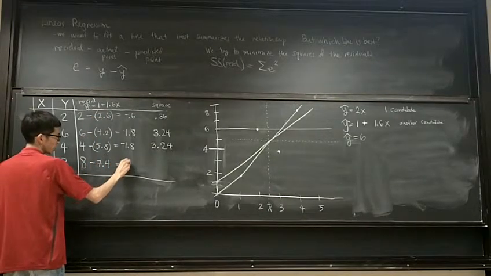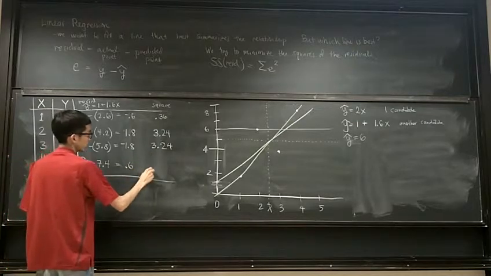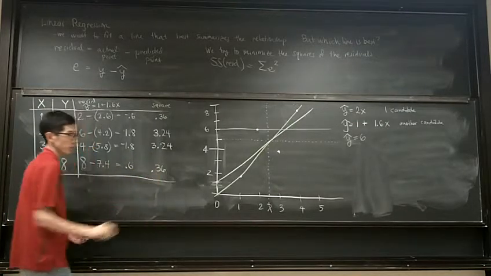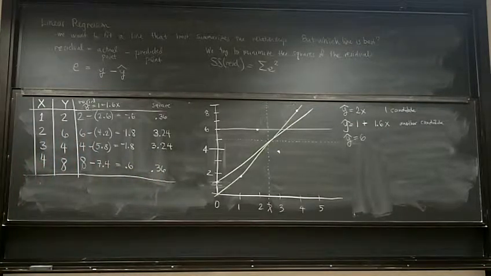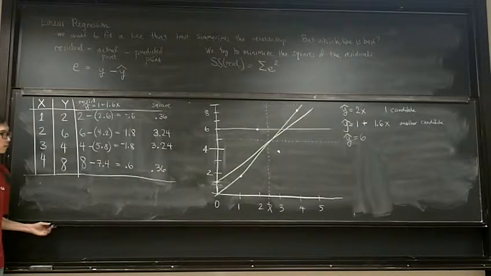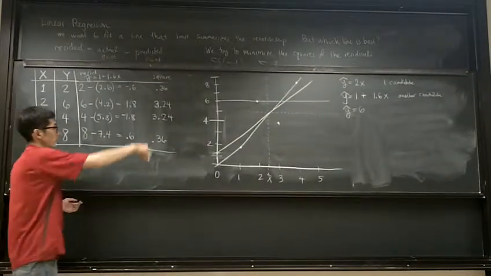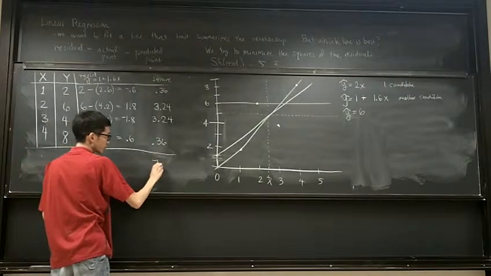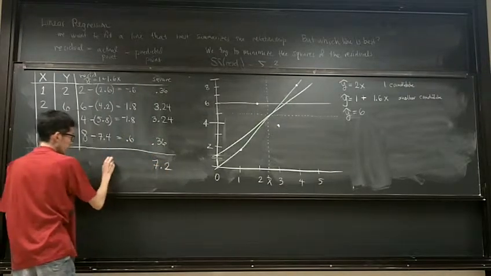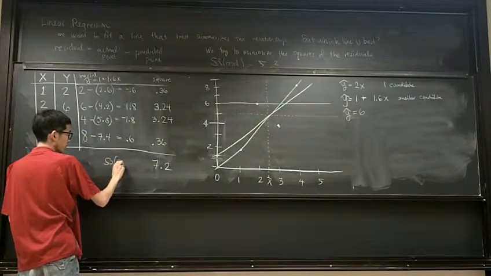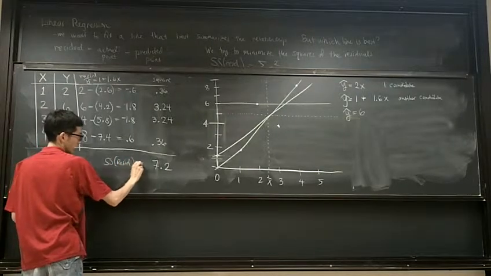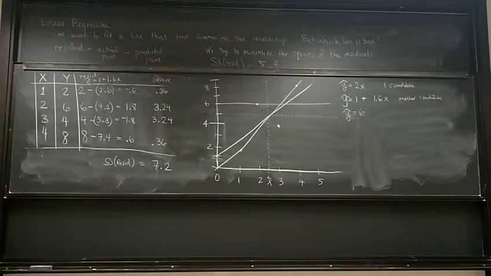I get a difference of 0.6. Square that, I get 0.36. And when I add all of these up, I get a sum of squares residuals equal to 7.2.